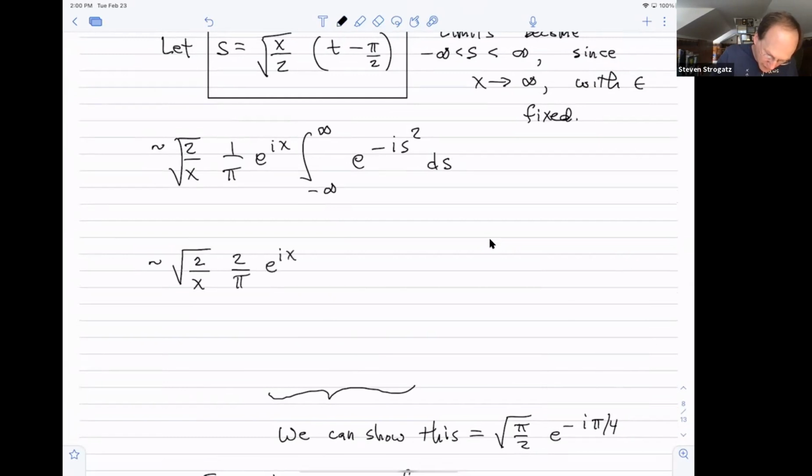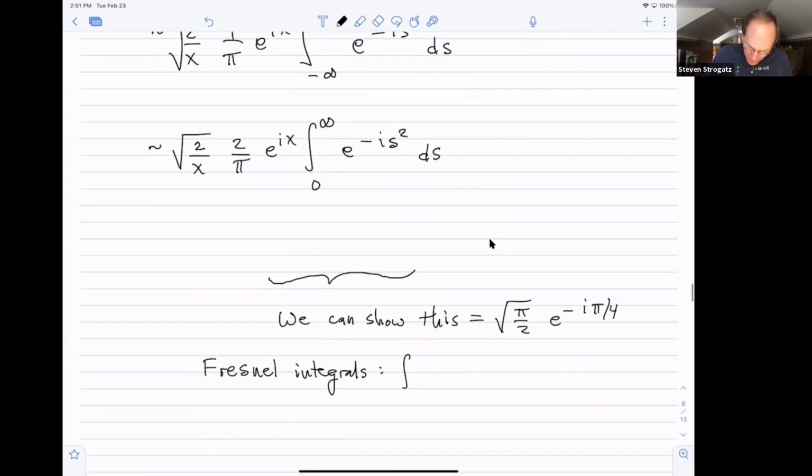The e to the ix is just sitting there. I'm going from 0 to infinity now, because the integrand is even in s. I haven't done anything tricky there. I just went from 0 to infinity instead of minus infinity to infinity. But the reason I did that is because these are the known integrals. Otherwise I'd be off by a factor of 2.